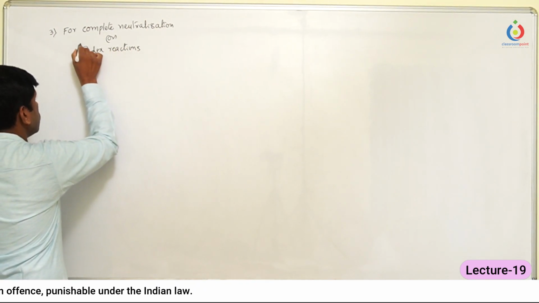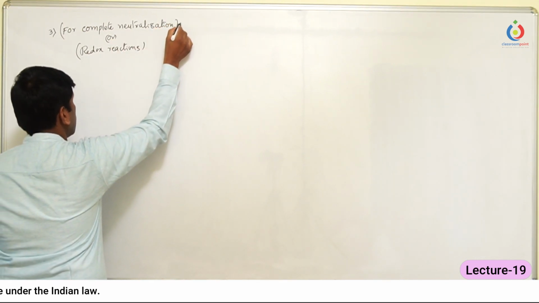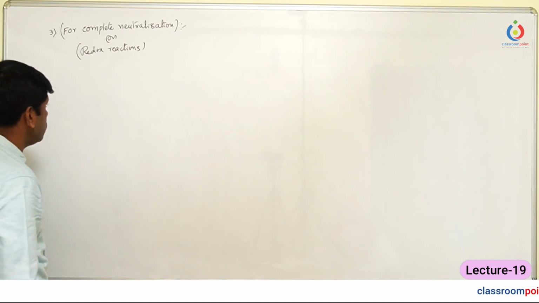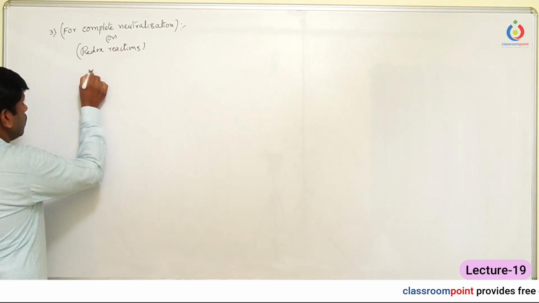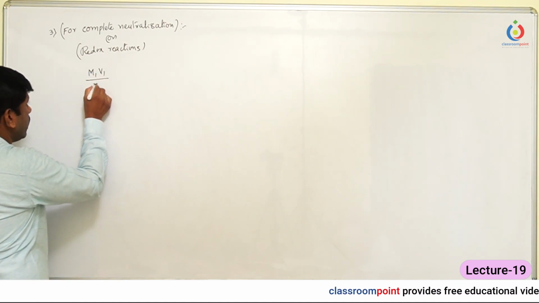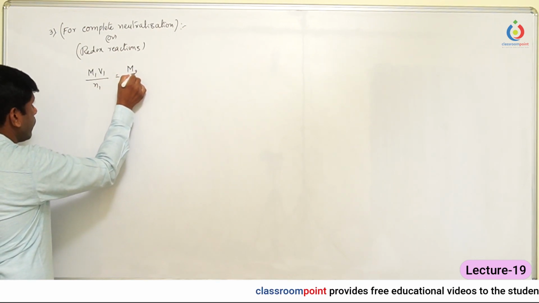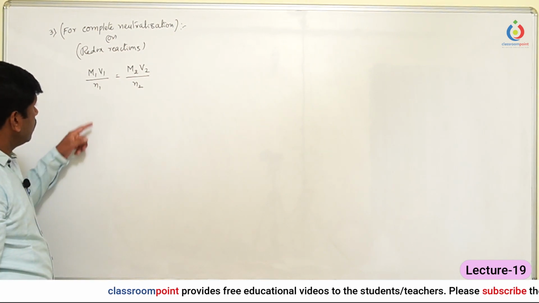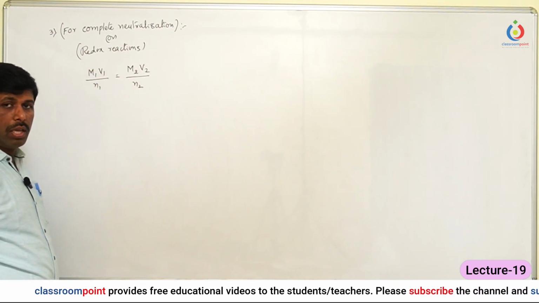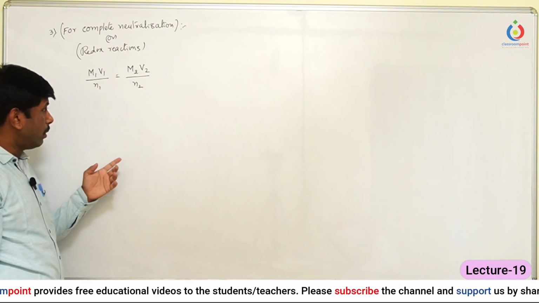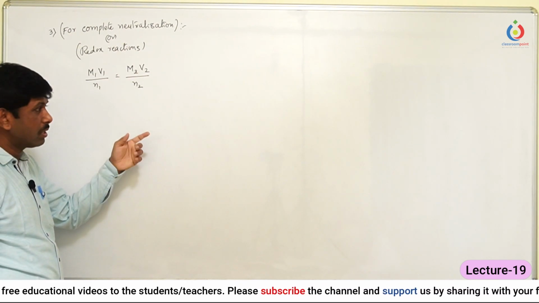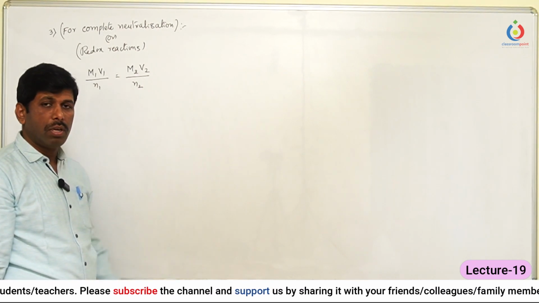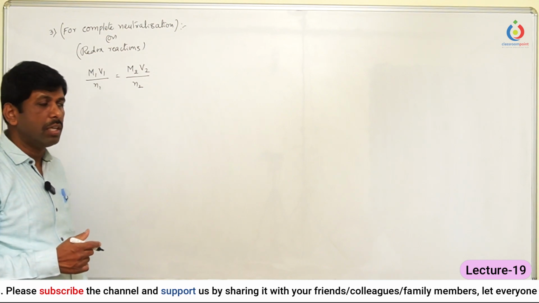In these two types of reactions, the formula of the molarity is M1 V1 divided by N1 is equal to M2 V2 divided by N2. M1 V1 is the molarity and volume of the initial compound, and N1 is its number of moles in the balanced equation. M2 V2 is for the second molecule, and N2 is the number of moles involved in the balanced chemical equation.